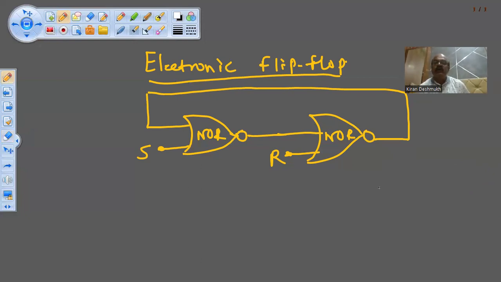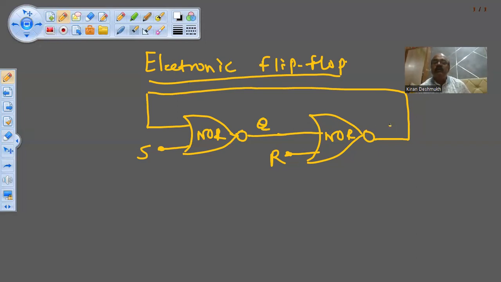Now let us assume that this R. Yes, sorry. I will draw the truth table now. Now before that, I call this the Q output.